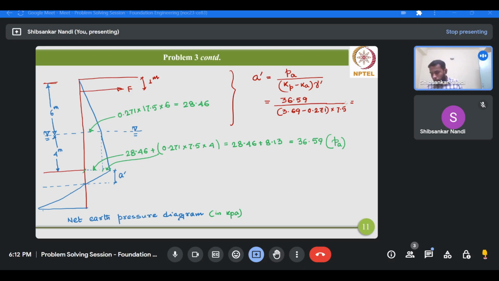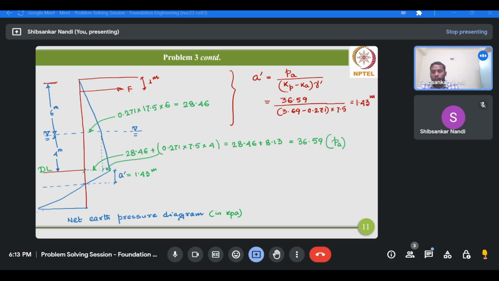This will give you the A prime value as 1.43 meter. So at a depth of 1.43 meter from the dredge level, we have the net earth pressure as 0.